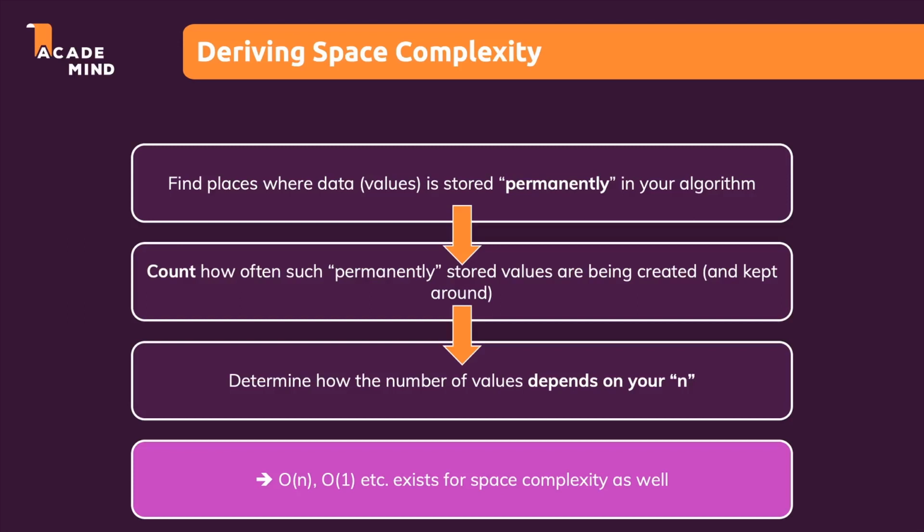Then we would have linear space complexity because we would create more and more objects and keep those objects around with a growing n. Of course, we'll see some real examples in just a second, but that's how you can derive space complexity.